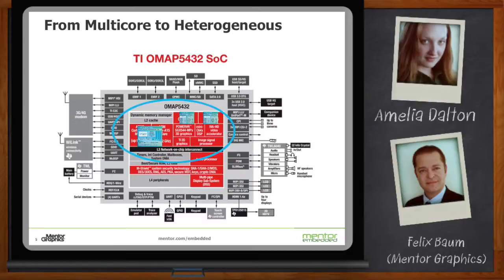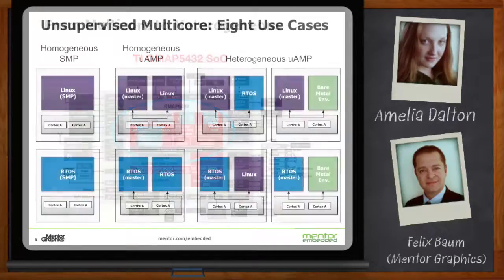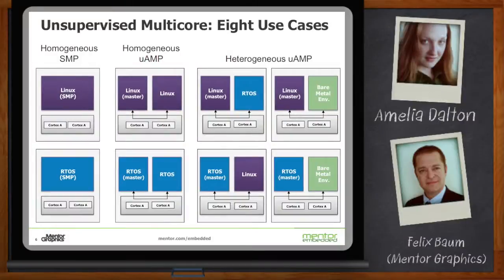So with all of these different processors in the same environment, how do you decide which software runs where? It seems like there would be a lot of permutations. That's correct, Amelia. And this is one of the areas where we struggle a lot as software developers, and I used to be one as well.